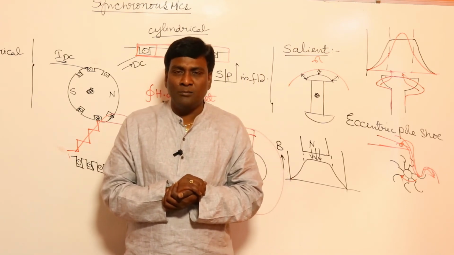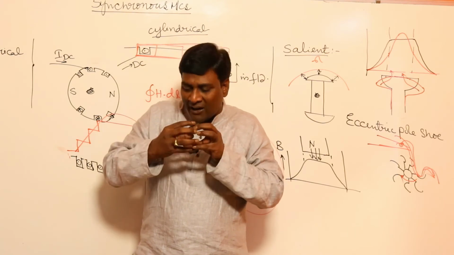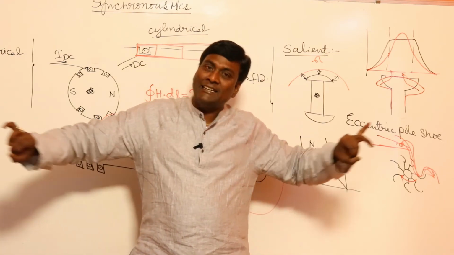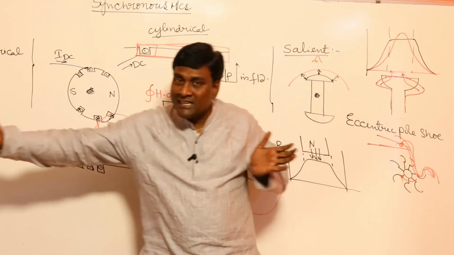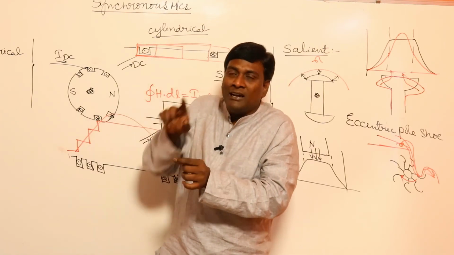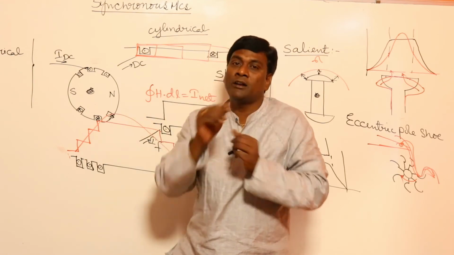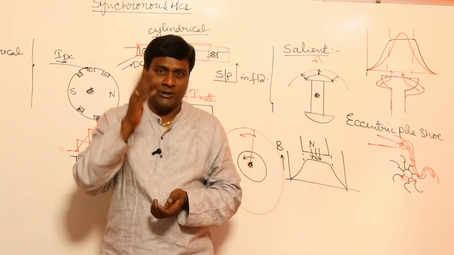So if shaft length is increased, for the same power handling capacity, diameter will be reduced. If shaft length is reduced, for the same power handling capacity, the diameter of the rotor has to be increased. Keep that point in mind.